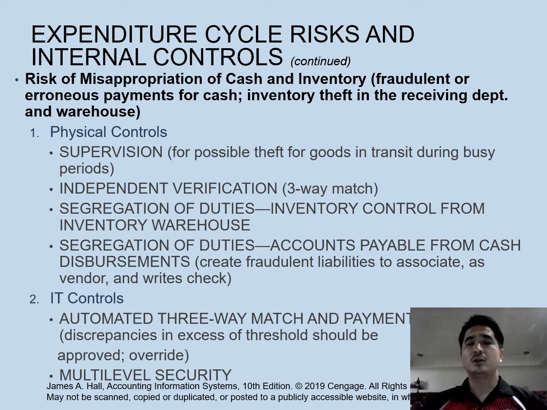Because if you just look at the receiving report, this only shows you that you received the goods. But comparing it to the PO tells that the goods actually received are a legitimate purchase and should be paid.